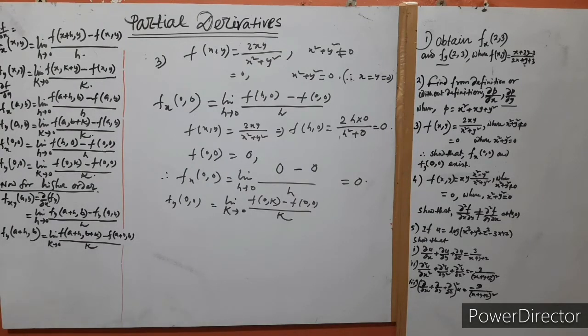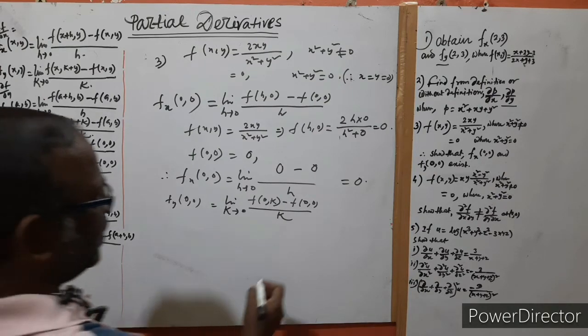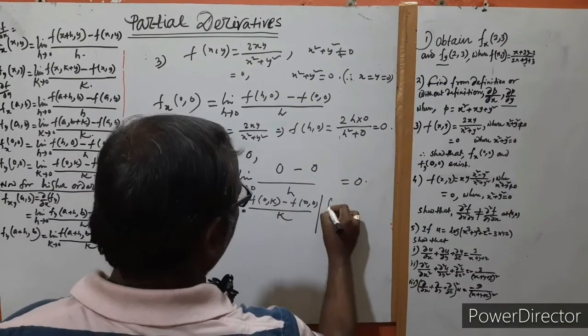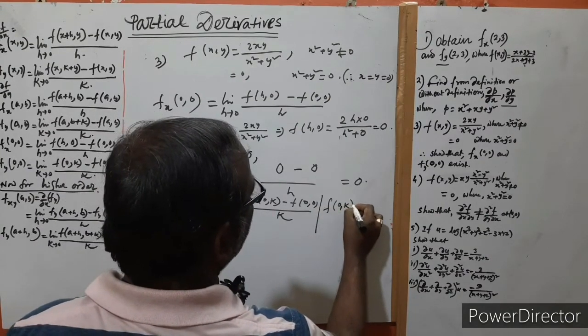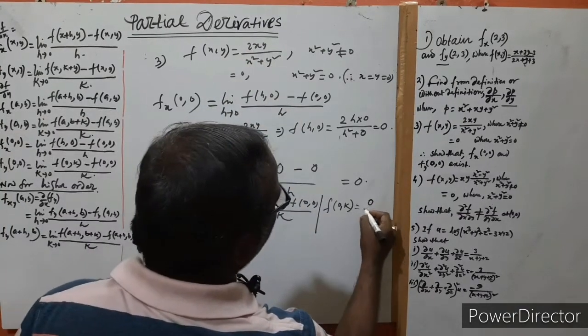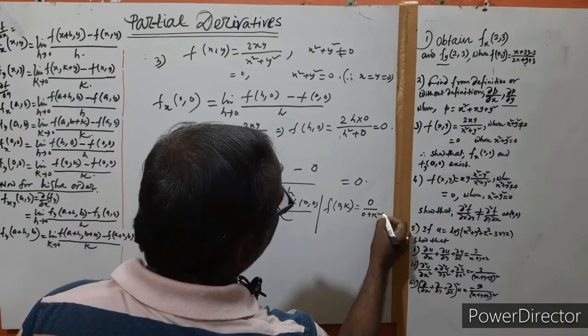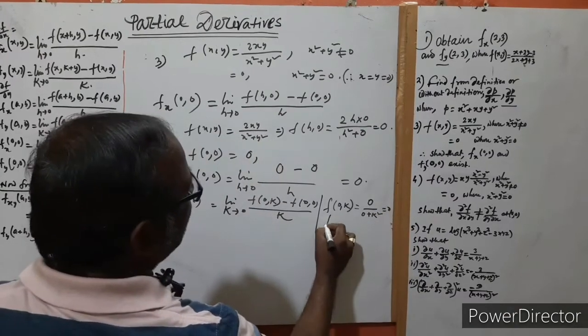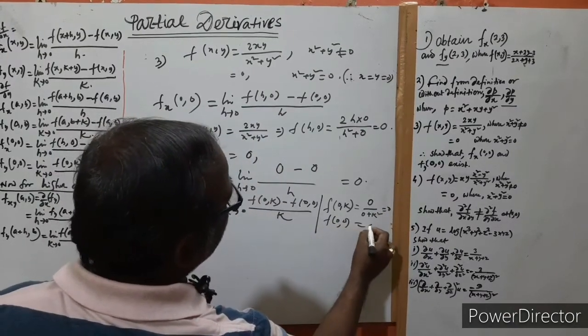See the calculation here, same as for f(0, k). You put 0 comma k, then 0 over 0 + k², so this is 0, and f(0, 0) is 0.